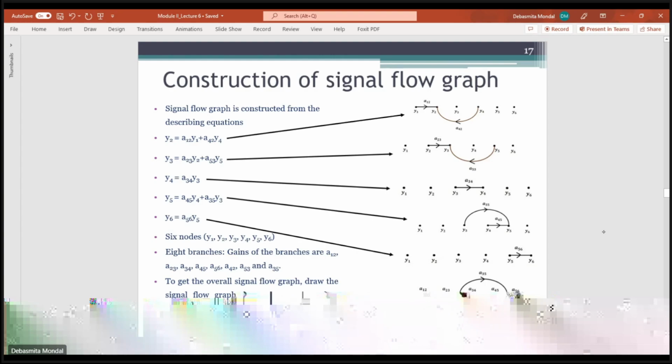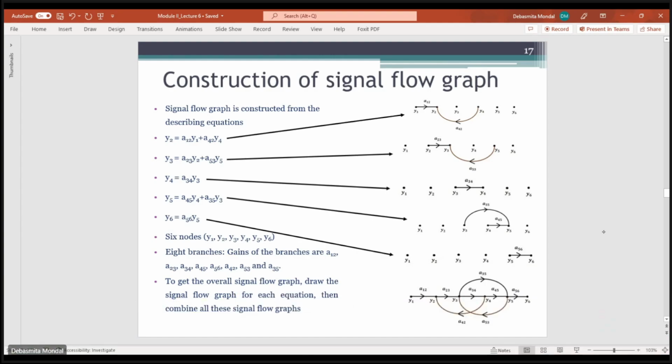For the first equation, first of all you have 6 nodes, represented as 1, 2, 3, 4, 5, 6. Then, depending on the equation provided, you connect the branches and denote the corresponding gains. Here y2 equals a12 y1 plus a42 into y4.